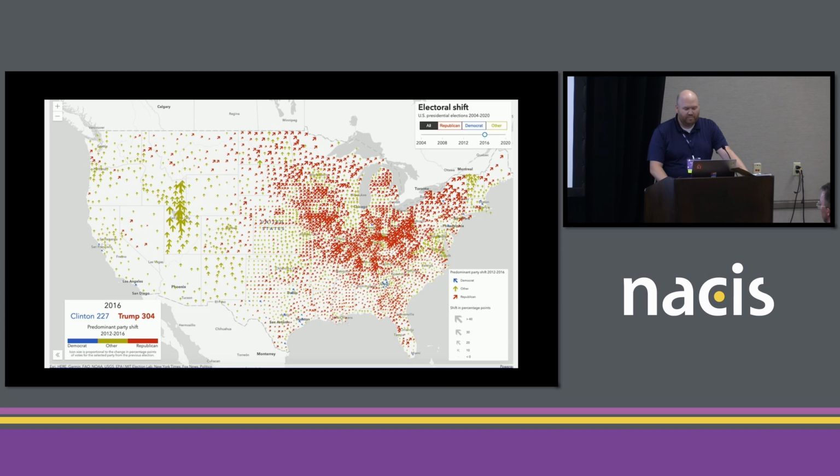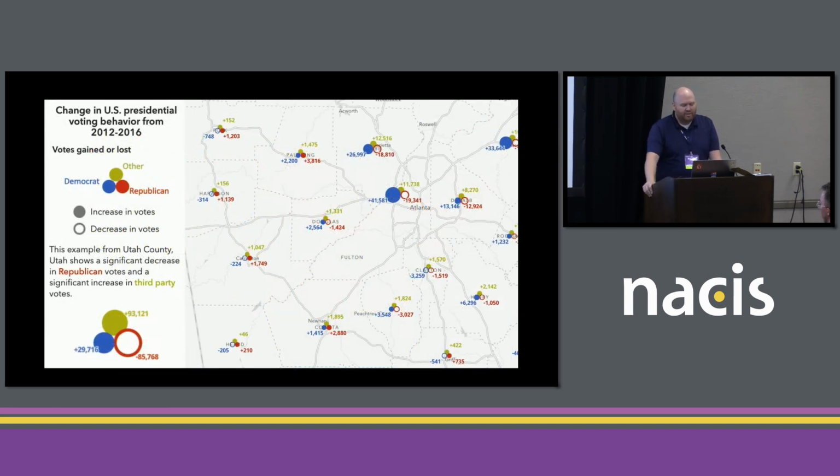And if we zoom out, this is what the overall map looked like from this application that I created. Well, this got me thinking and going down all kinds of rabbit holes, like what can we do to visualize change of individual parties in one symbol? And so then I created this map, and this was the topic of a NACIS presentation I did a few years ago, where I use a composite symbol to show the growth or decline in votes for each individual party in each geography.